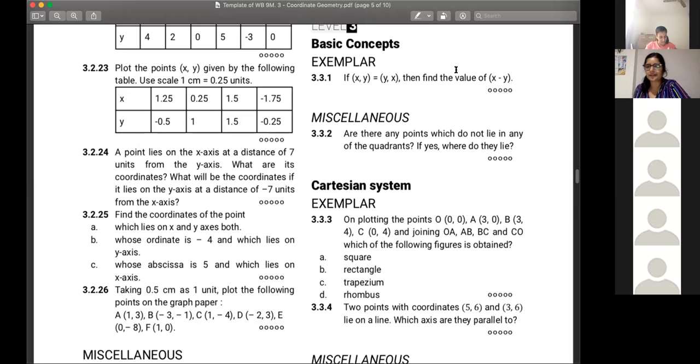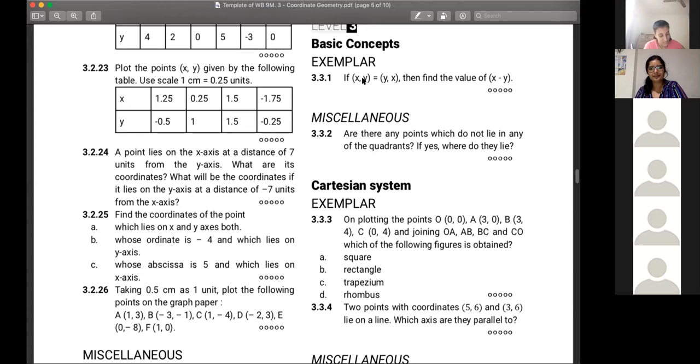So Aryan and Swayam. I'm confused, but I guess, wait, I'll type the answer. Aryan is correct. You got the answer. Swayam, you got it. That is correct.